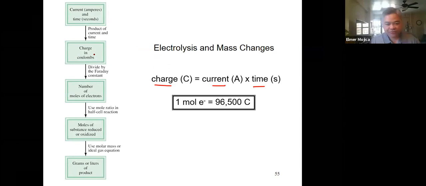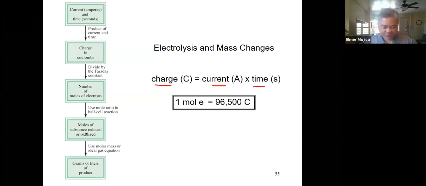And once you have the charge, usually you're going to divide it by the Faraday constant, because that's the charge per 1 mole of electrons. So once you get the number of moles of the electrons there, you're going to use the mole ratio in the reaction.